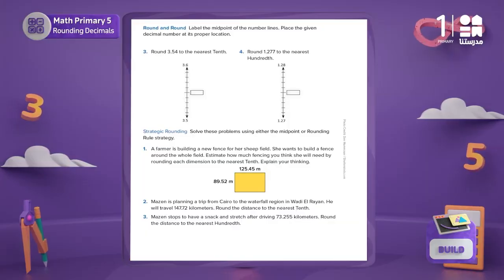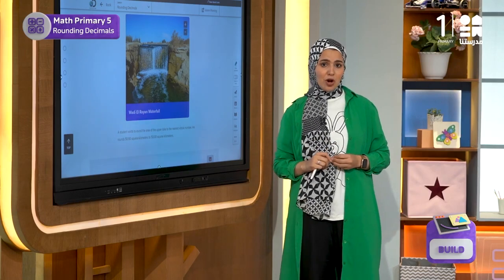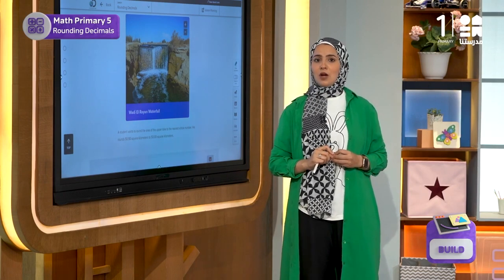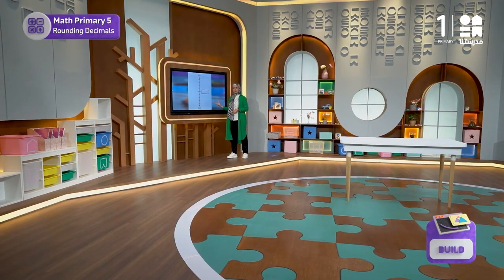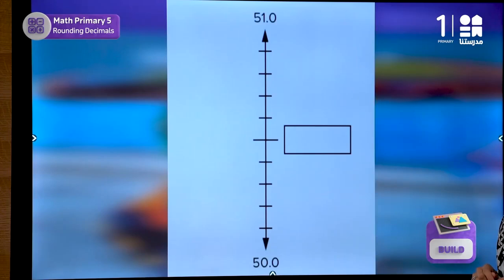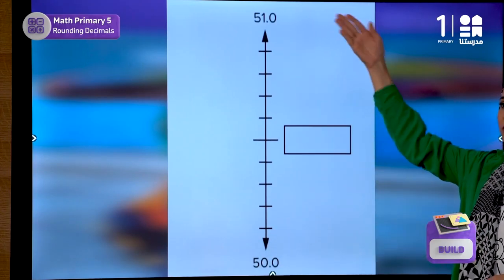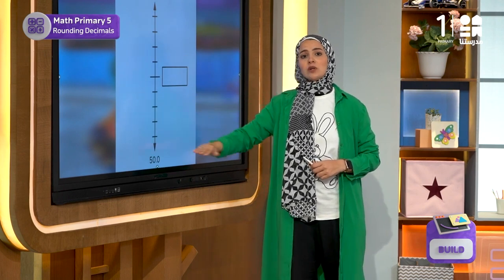Let's apply the midpoint strategy in the activity titled Round and Round. But before we answer the problem, we will explain the strategy on the vertical number line. The vertical line in front of us has two numbers written on it, 50.0 and 51.0. The line is divided into 10 equal spaces.